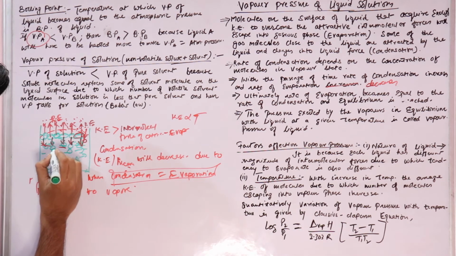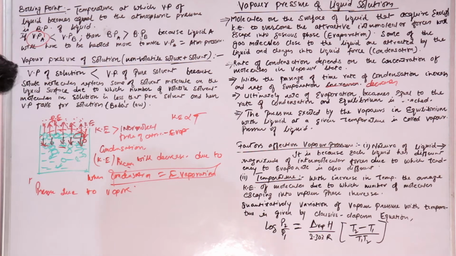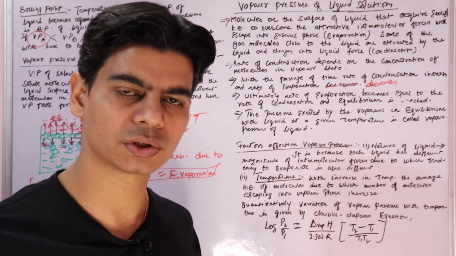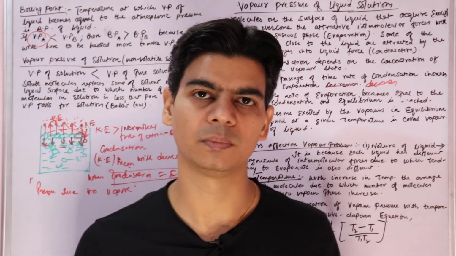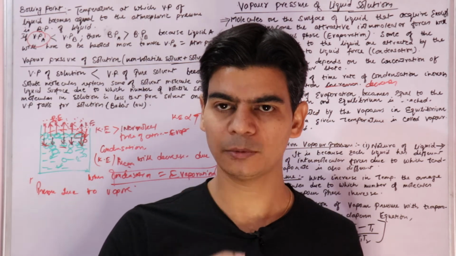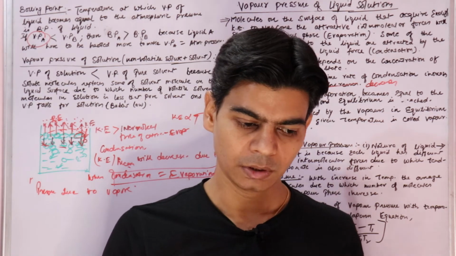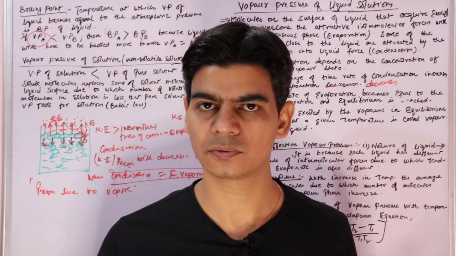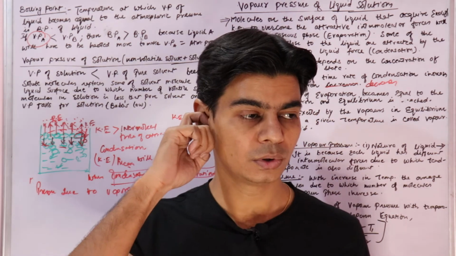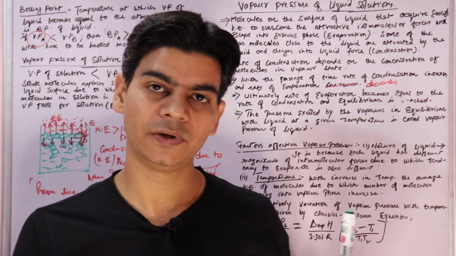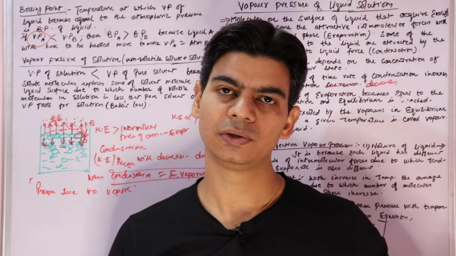We know that there are intermolecular forces of attraction acting between liquid molecules, right? Different liquids have different intermolecular forces of attraction, due to which they have different tendencies to change into vapor form.